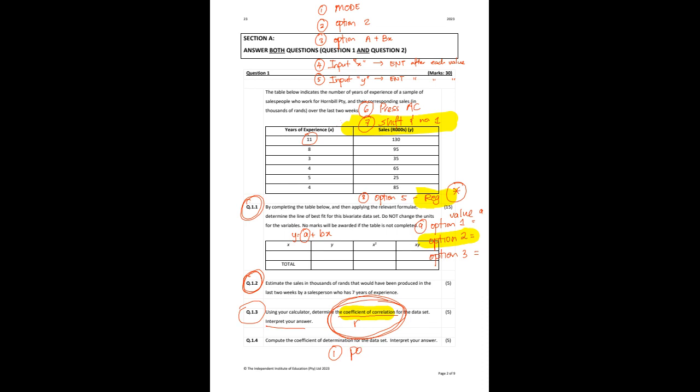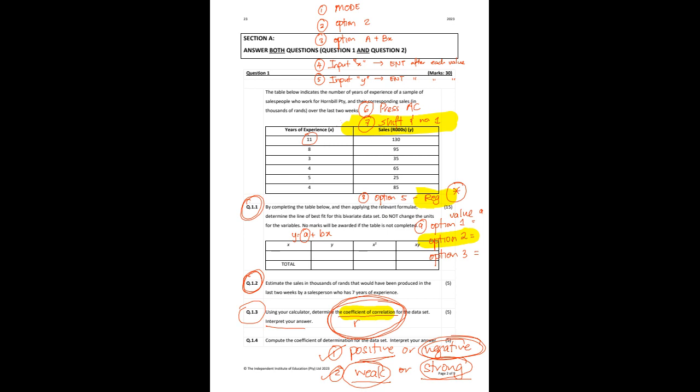So either positive or negative in your interpretation. Obviously, you'll need to put it into a proper sentence. And then you also need to say whether it's weak or strong. So both of these need to be included, but it will be either one in each of them. So it's either weak and positive, or strong and positive, or it's weak and negative, or strong and negative. Okay, so that's question 1.3.